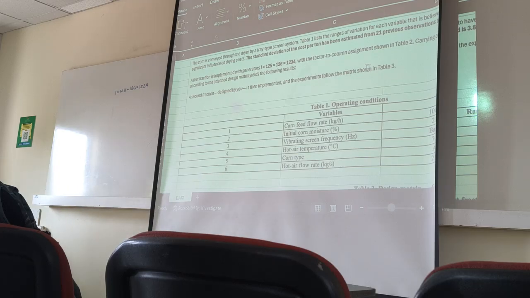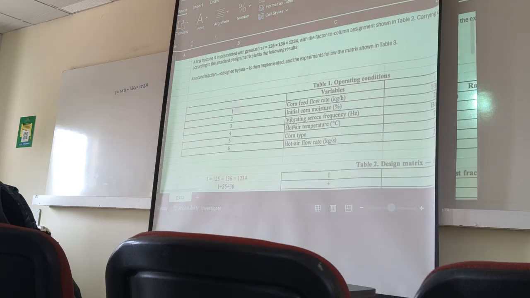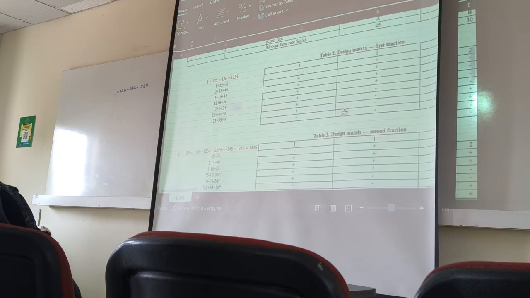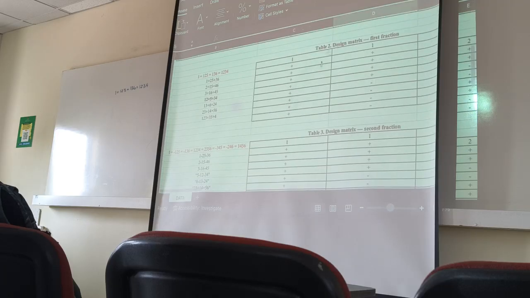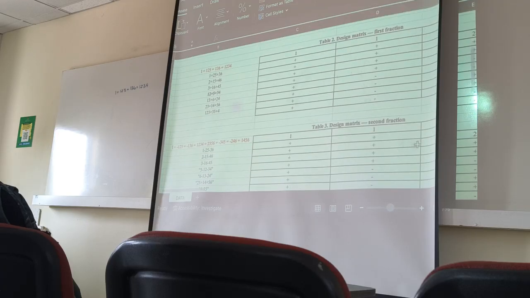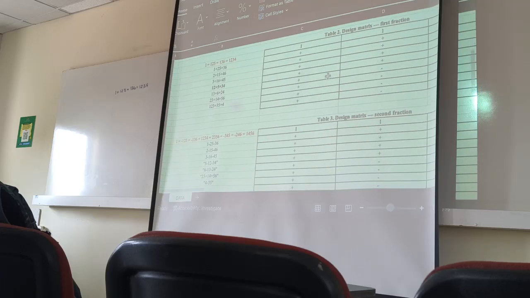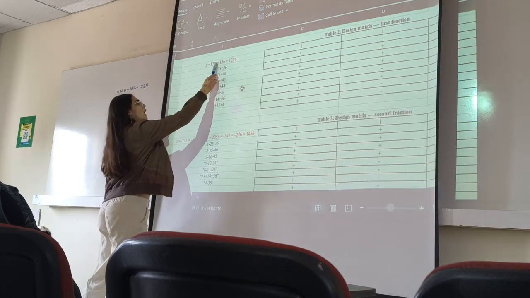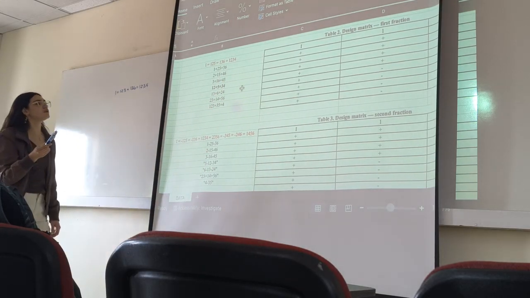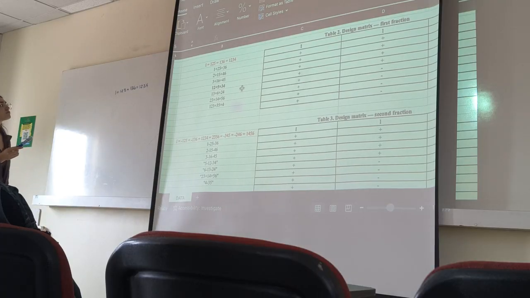And with that, we are going to make the X matrix, and we also have to do a second fraction. So here we have the matrix design for the first and second fraction. As you can see here, we have the confusions of these generators.